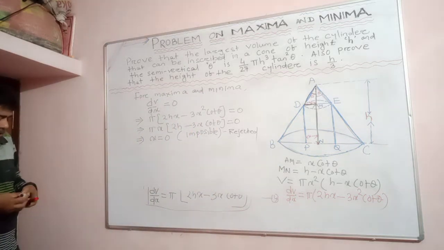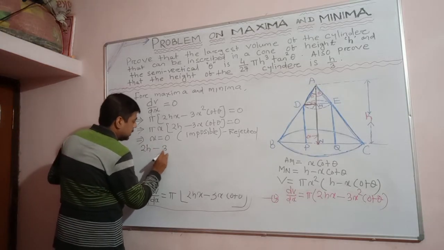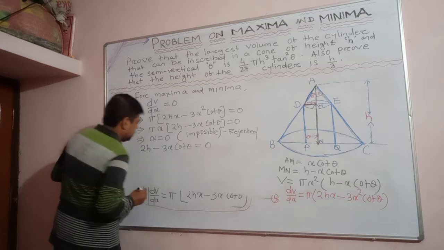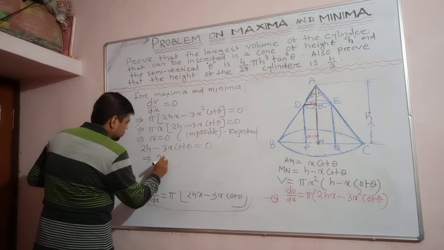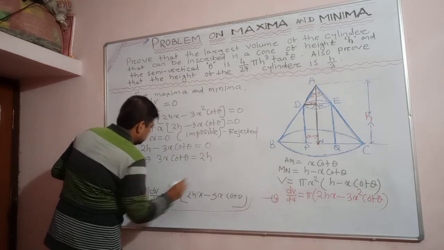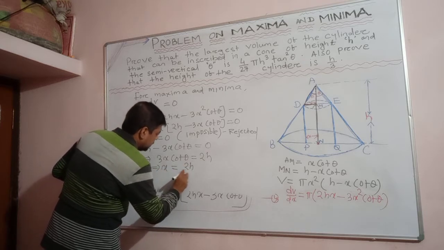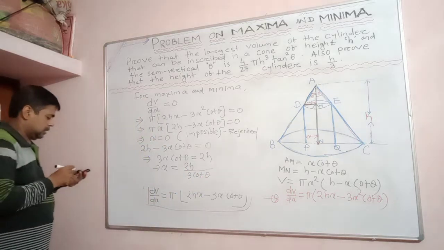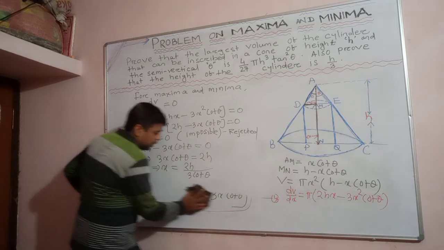That implies 3x cot theta is equal to 2h, and that implies x is equal to 2h by 3 cot theta. Okay, so x is equal to 2h by 3 cot theta, and this is the critical point of the function.